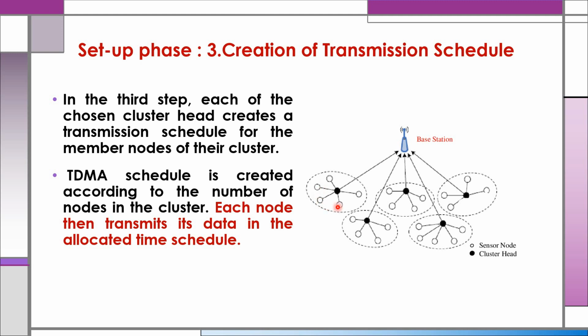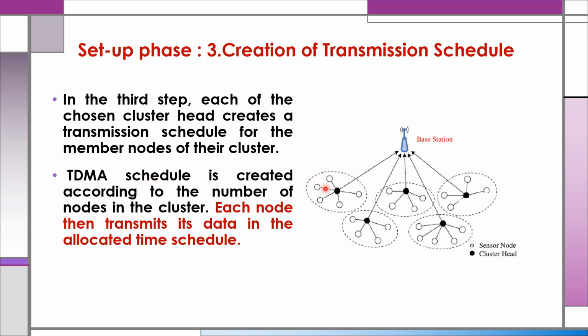If all nodes are transmitting packets simultaneously to the cluster head, obviously it will create a collision. So you must avoid that collision by providing a proper time slot to each and every node. Here we are using time division multiple access.